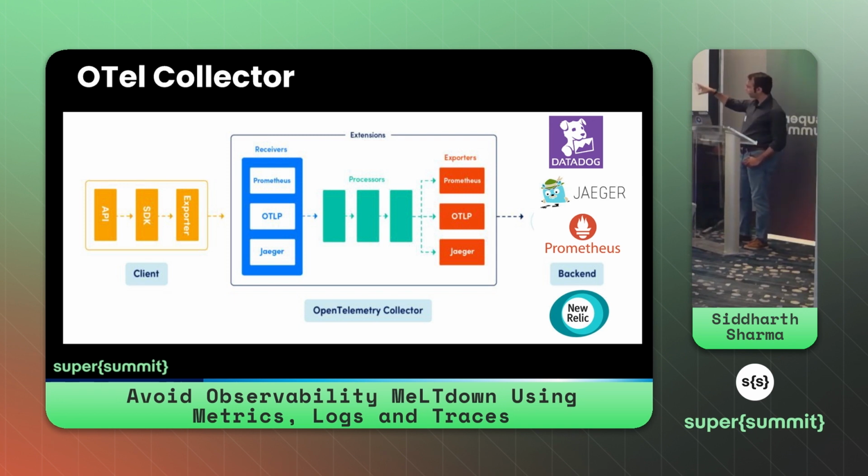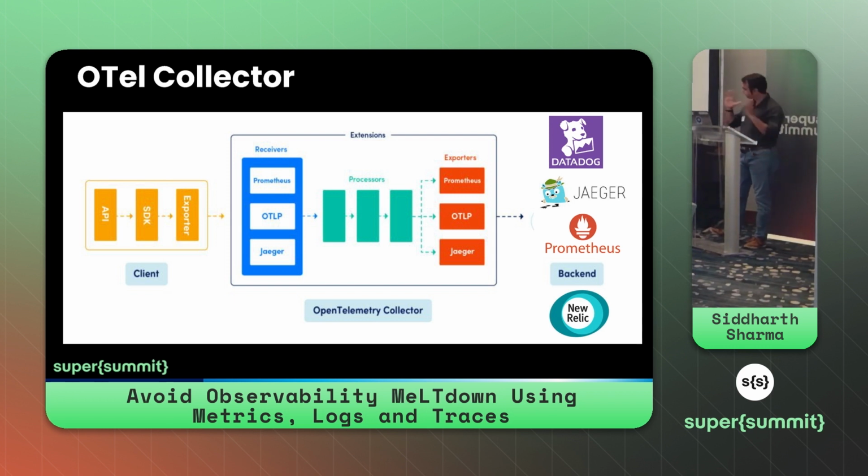Then there is an OpenTelemetry collector, which is a service, or it could be a pod or a container, that you host in your infrastructure, and which is open source. It will start receiving logs, metrics, and traces from your exporter. All your instrumented applications would start sending telemetry data to this collector. It could receive on gRPC endpoints or on HTTP.